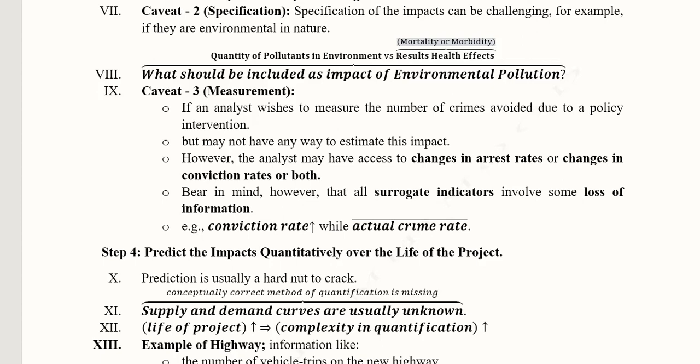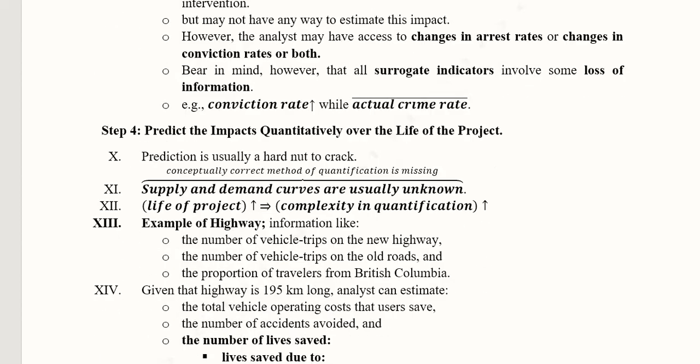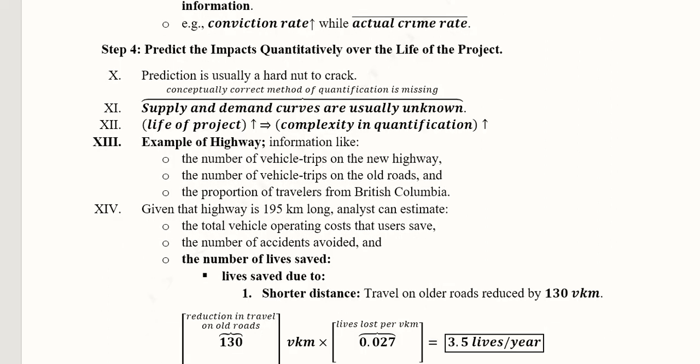So similar situations can arise in different interventions, and we have to be careful when it comes to the selection of the measurement indicators. Then we have the fourth step, in which we try to quantify those impacts that we have cataloged, and this is definitely a difficult task because of the minor details in it.